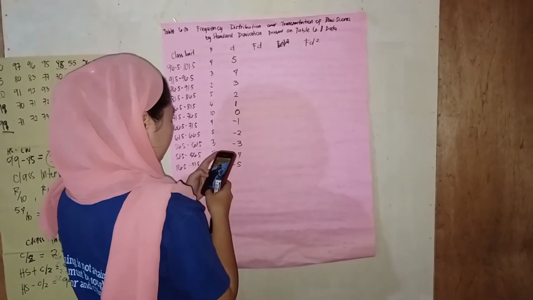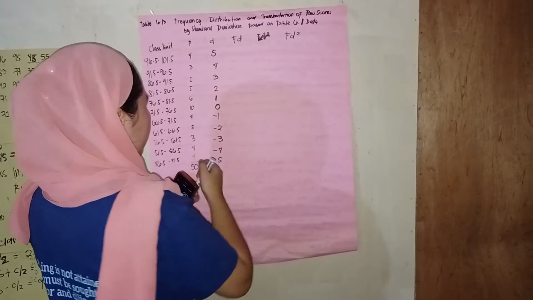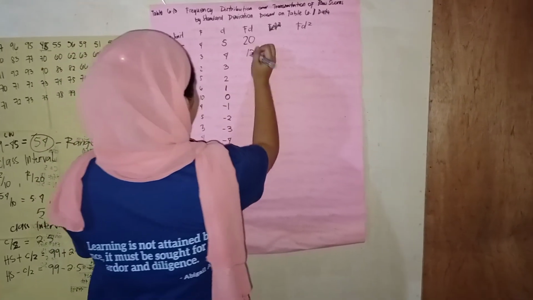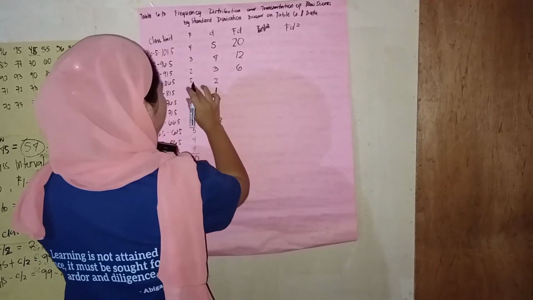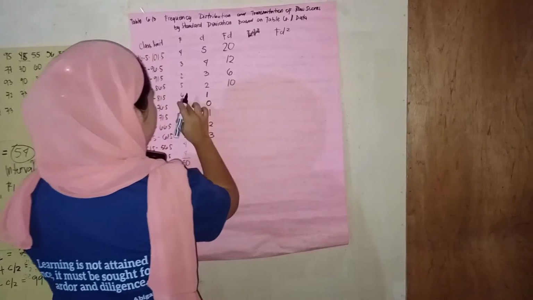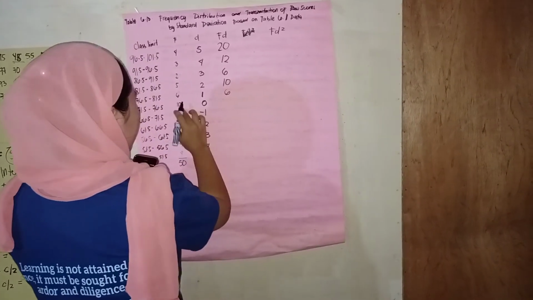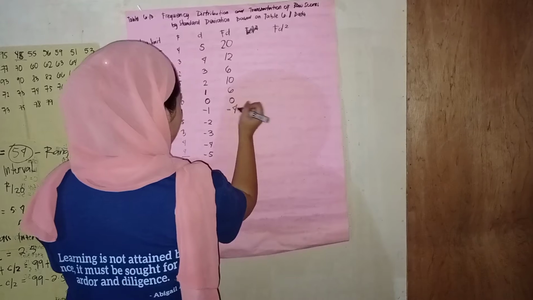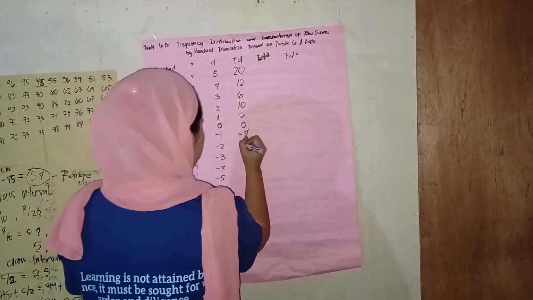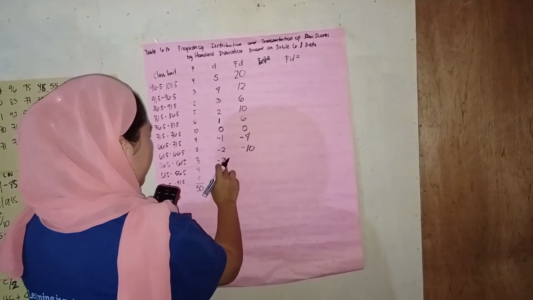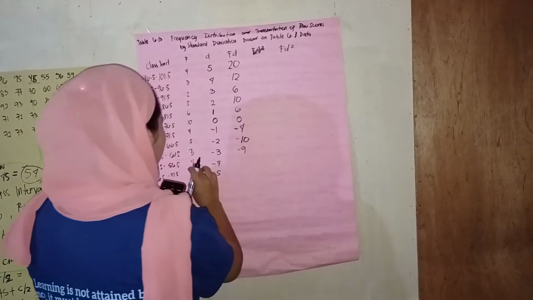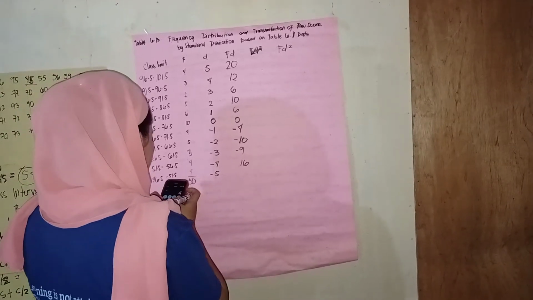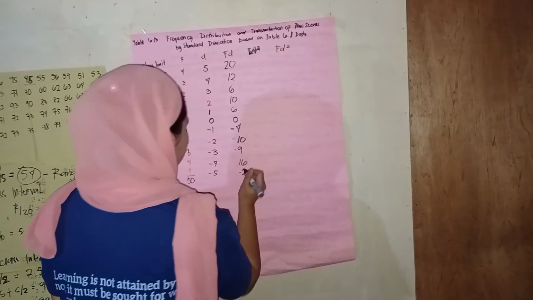So 4 times 5 equals 20, 3 times 4 equals 12, 2 times 3 equals 6, 5 times 2 equals 10, 6 times 1 equals 6, 10 times 0 equals 0, 4 times negative 1 equals negative 4, 5 times negative 2 equals negative 10, 3 times negative 3 equals negative 9, 4 times negative 4 equals negative 16, and 4 times negative 5 equals negative 20.